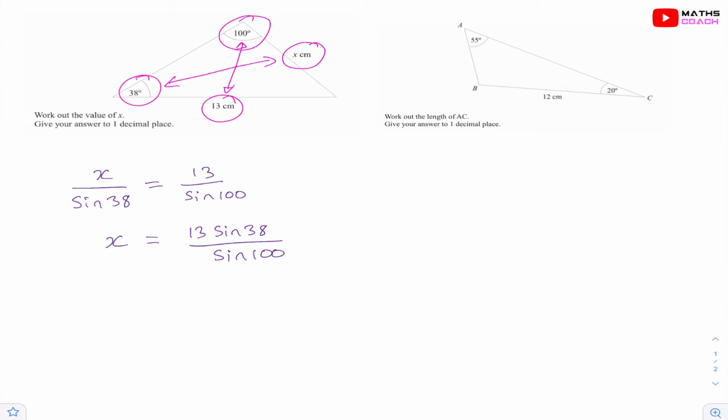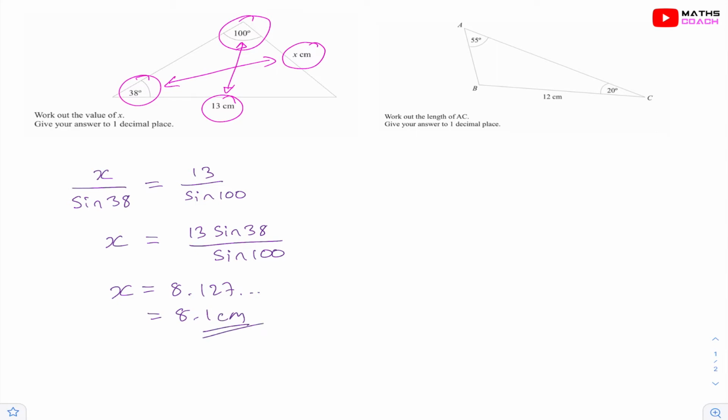You can press equals, it's probably better unless you're using the fraction button, and then divide by sine 100. Make sure that you close all the brackets that your calculator opens up, and you get the answer x is equal to 8.127 dot dot dot. We want to give the answer to one decimal place, so we can have 8.1 centimeters. Okay, and that's that. Very simple, very straightforward.